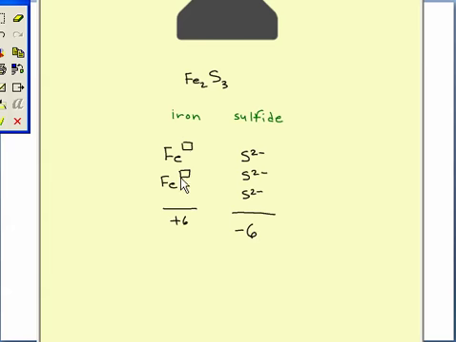And there's only one number that when I add it to itself will give me 6, and that is 3. So now that I know the charge, I can finally name this iron 3 sulfide, and this is the charge of my cation, indicated as a Roman numeral.